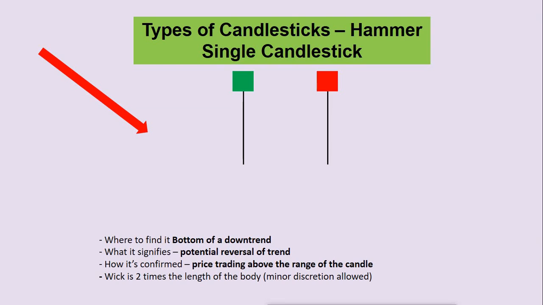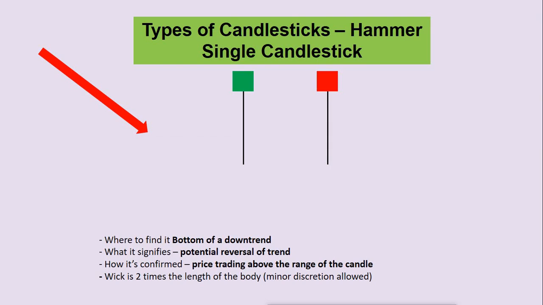If a share is in an uptrend and you see a hammer, it's best to ignore that hammer because it doesn't mean much to you as a trader. So you always look that the share has been going down or trending downwards, then see if a hammer develops at one point in the trend.